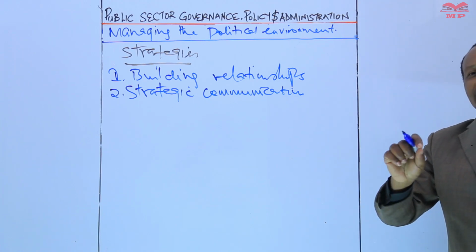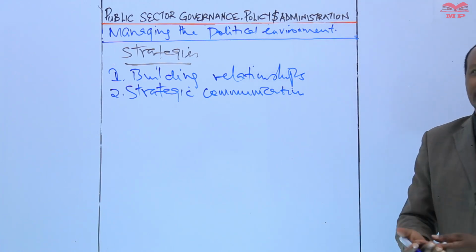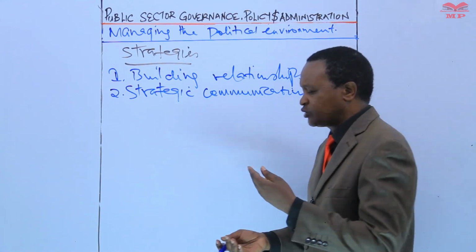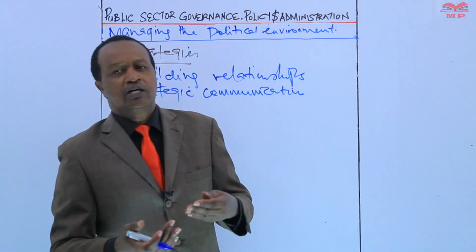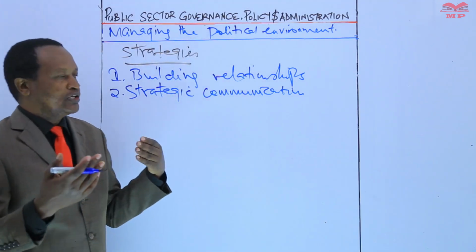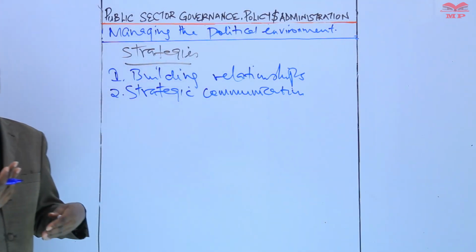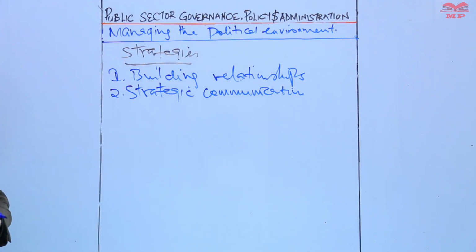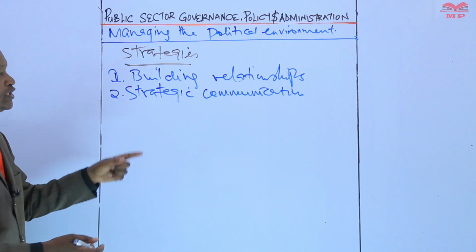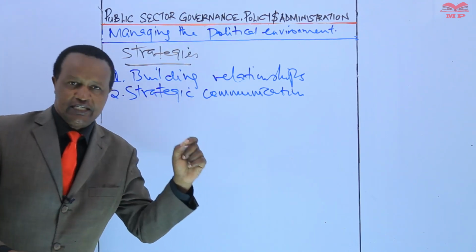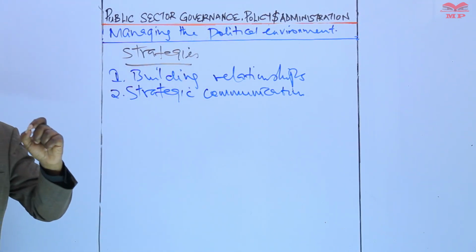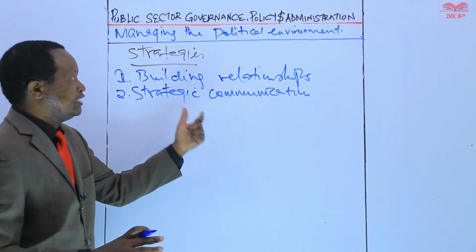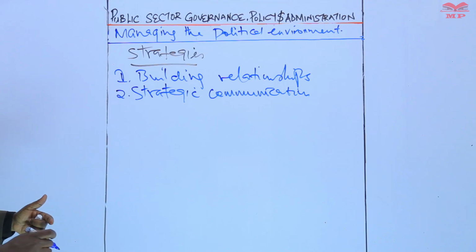And that involves utilizing various communication channels such as press releases, social media, public hearings, and community outreaches, to effectively convey messages and also address concerns. Developing and implementing a comprehensive communication strategy can go a long way in managing the political environment.